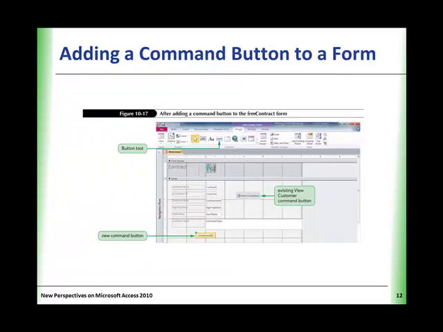Adding a command button to a form. You have worked a lot in the previous tutorials using the control wizard. You've worked with the control wizard in earlier tutorials. Some people say it looks like a cigarette with ashes falling off the tip. Really, it's a magic wand with stars coming off. And if it's turned on, when you click and add your command button, it will fire up the command button wizard.